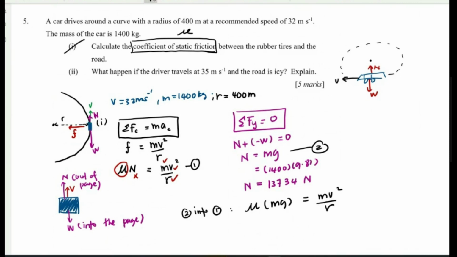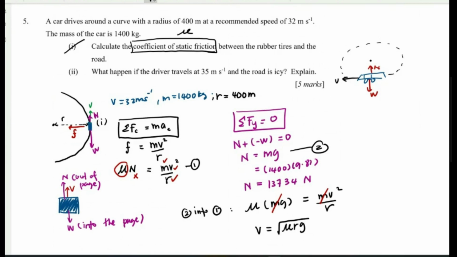Kalau soalan tak bagi awak mass, awak substitute saja N equal to mg. So m awak boleh cancel out. So finally you can find v, where v is equal to square root of mu r g.